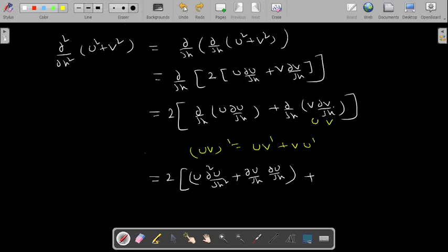So now v as it is, times the differentiation of ∂v/∂x, which is ∂²v/∂x². Next, ∂v/∂x as it is, times the differentiation of v, which is ∂v/∂x.